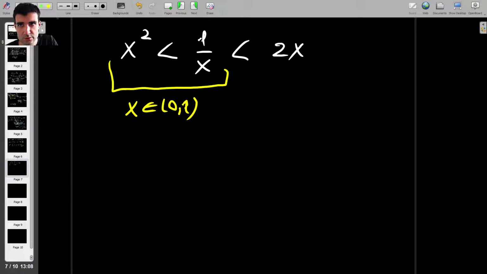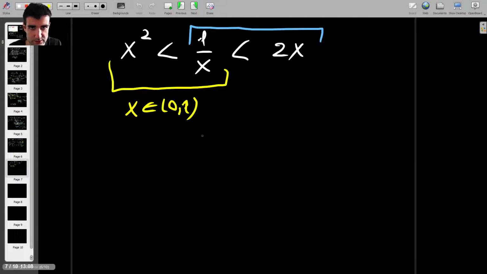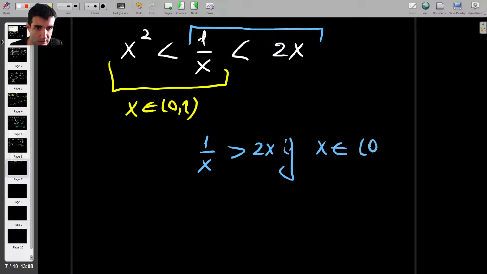And we also know, let's see, so we're looking at 1 over x and 2x. So 1 over x is actually greater than 2x if x is in this interval. So let's write that down here. We know 1 over x is greater than 2x if x is between 0 and root 2 over 2.